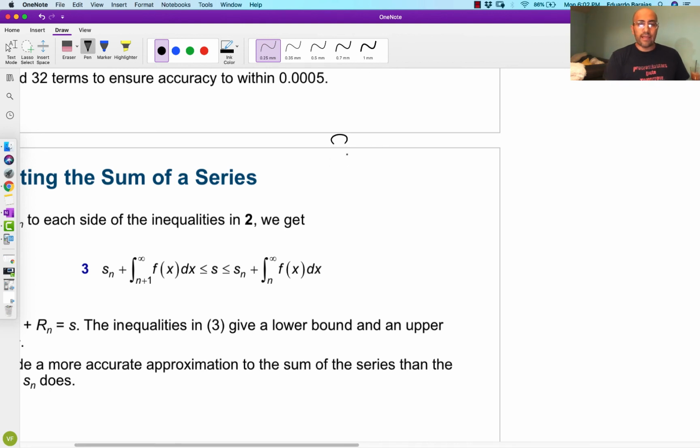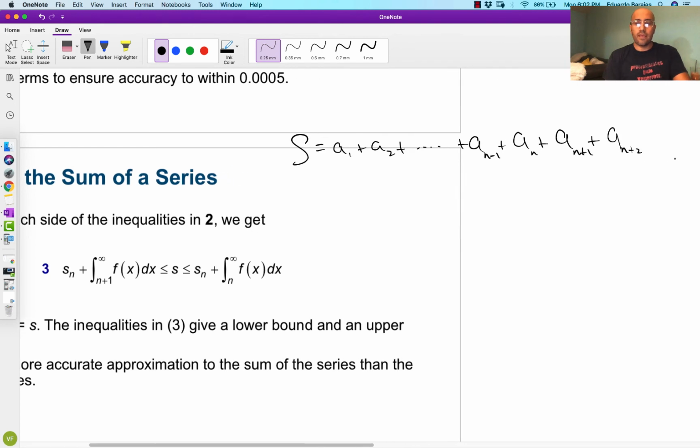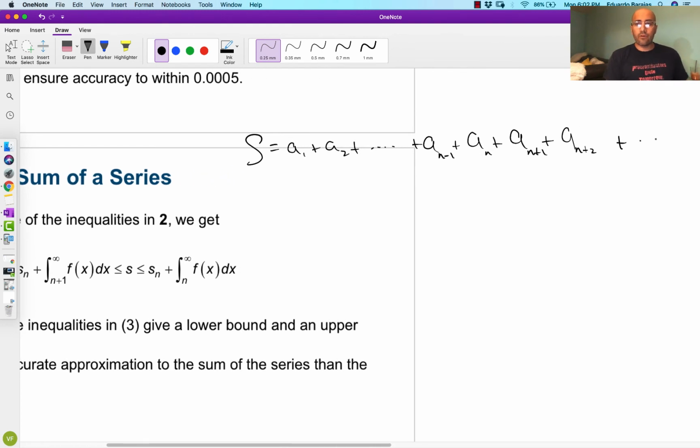We had S equal to A1 plus A2 plus dot, dot, dot, plus A sub n minus 1 plus A sub n plus A sub n plus 1 plus A sub n plus 2, and then this goes on forever, right? So the sum of the first n of them, that's S sub n. And then the rest of them, the remainder, that's these guys over here, this is R sub n.